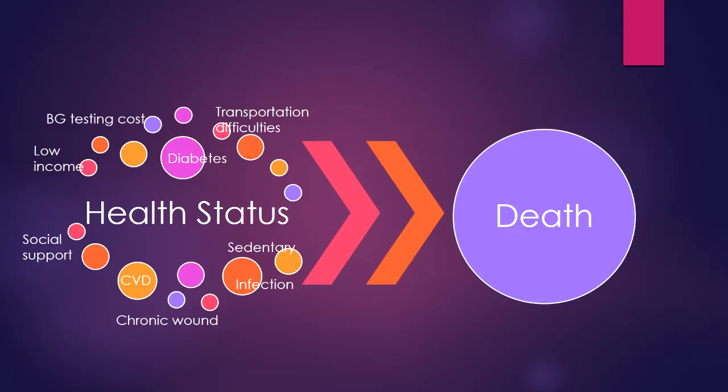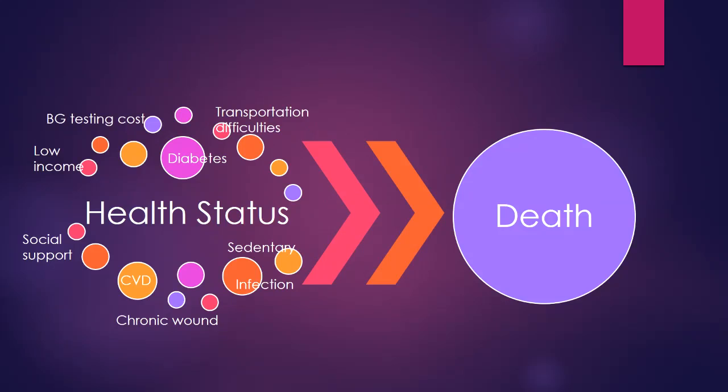So another way to think about this is if your goal is really to look at the risk of mortality as a result of treatment among your patients with diabetes and chronic wounds in your healthcare system, you might think of it as a nice linear approach like we saw in the earlier slide, but this is closer to the reality. There are all these other factors that influence your patient's health status, one of which is a chronic wound and infection down there on the lower right.